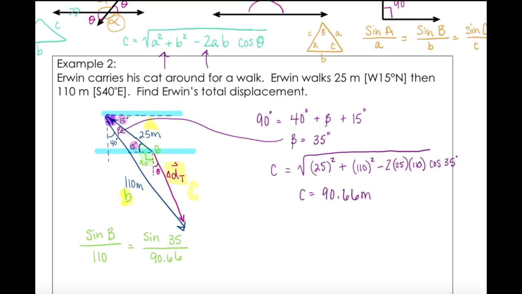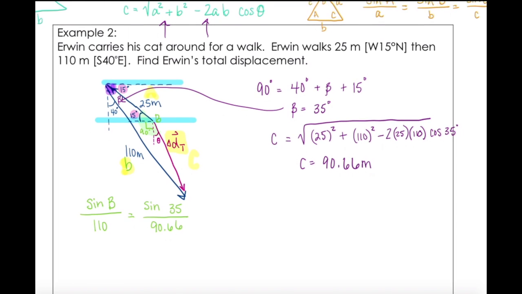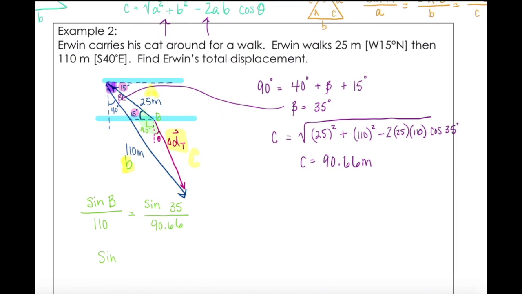So we get that the sine of B is equal to 110 times the sine of 35, all divided by 90.66. We get that our B angle is 44 degrees, which doesn't make sense for this problem. So it is an ambiguous case.